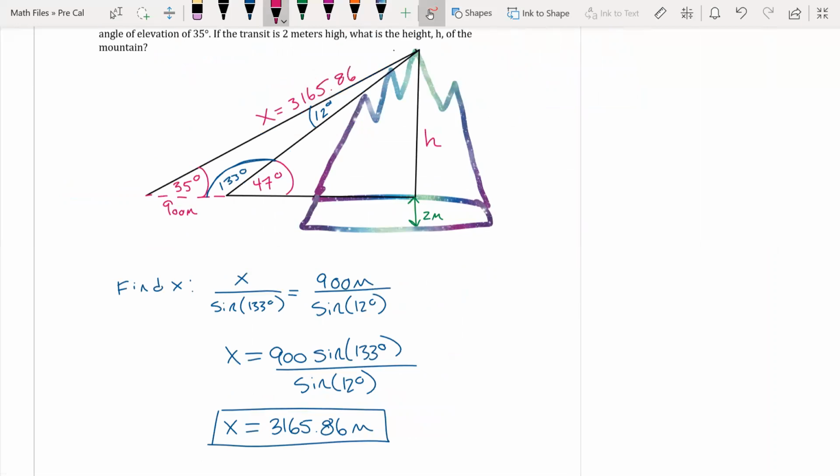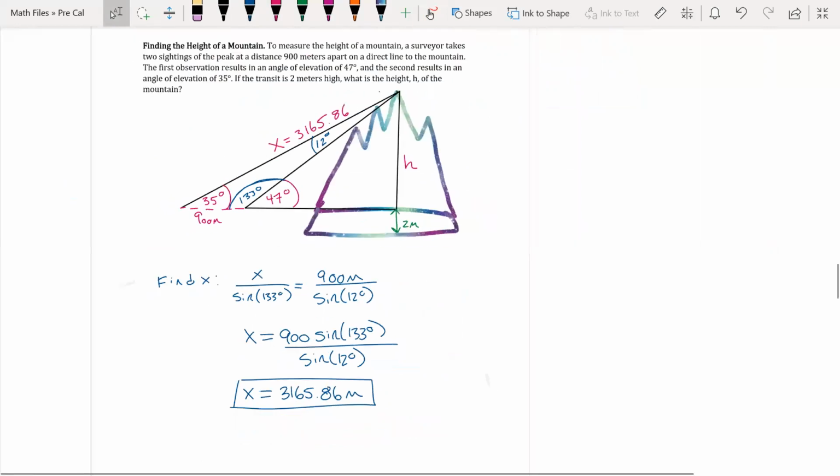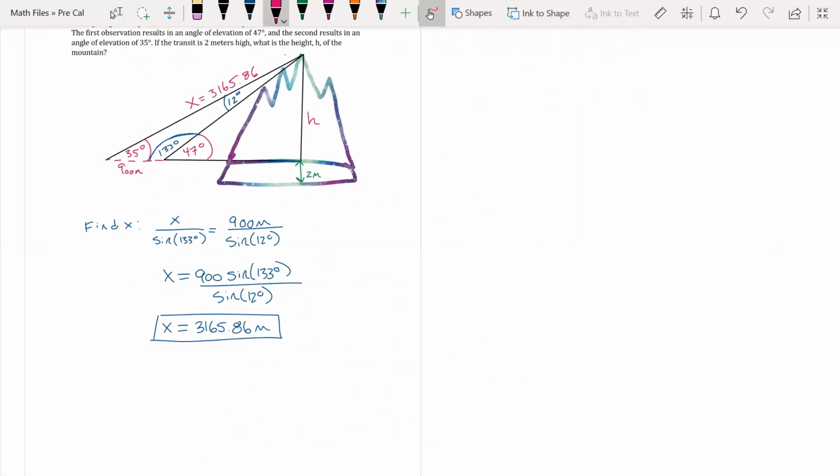Which means we can now come back to that sine function. And we're going to say find h. And we're going to get the sine of 35 degrees is now equal to opposite. So the sine of this 35 is going to be equal to h over the hypotenuse of 3,165.86 meters.